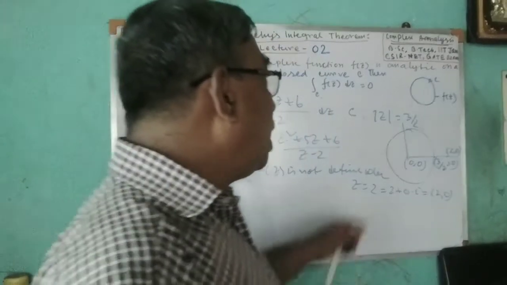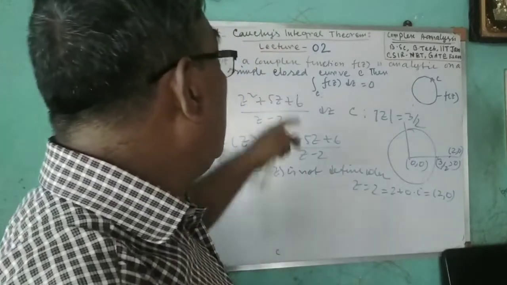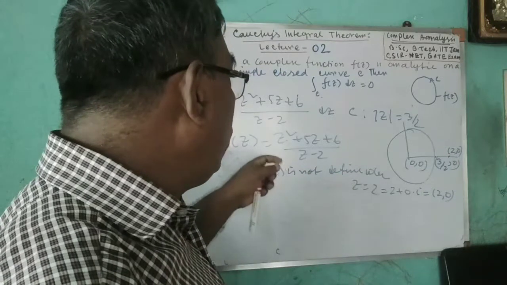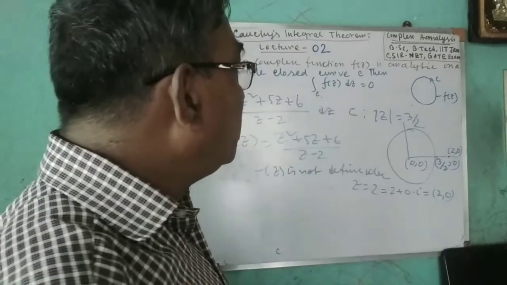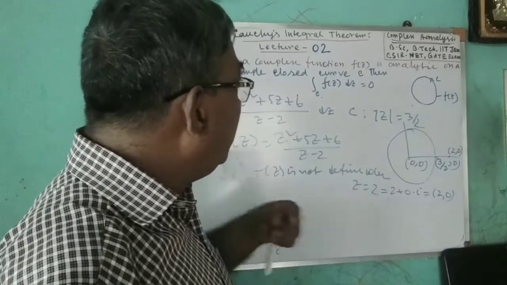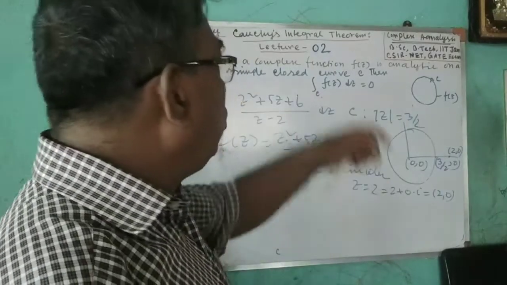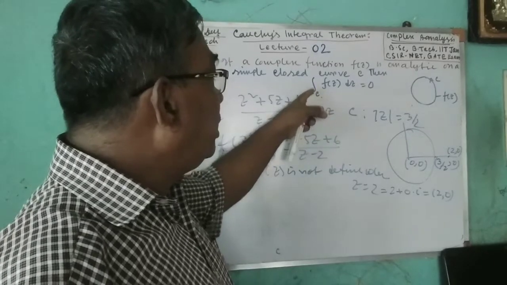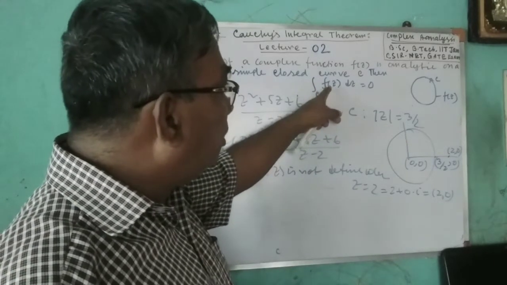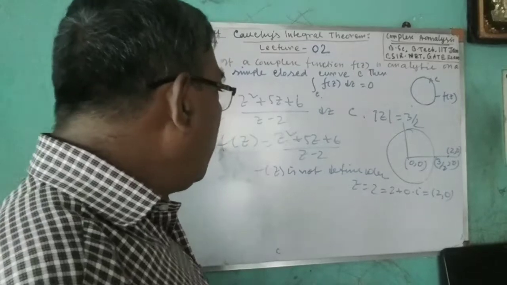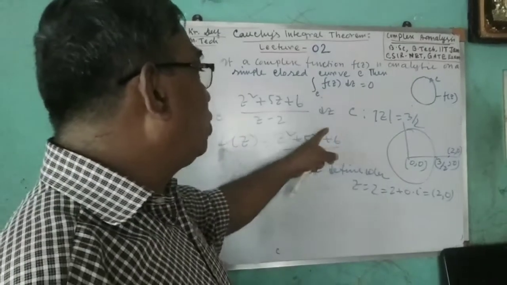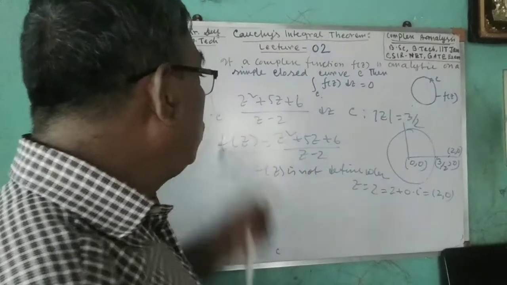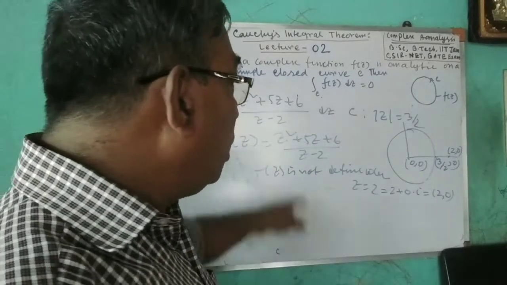Cauchy's integral theorem says that when a function f(z) is analytic on a closed curve, the integration of f(z) dz is equal to 0. But here f(z) is not analytic, so directly we can't say the value along a closed curve is 0.